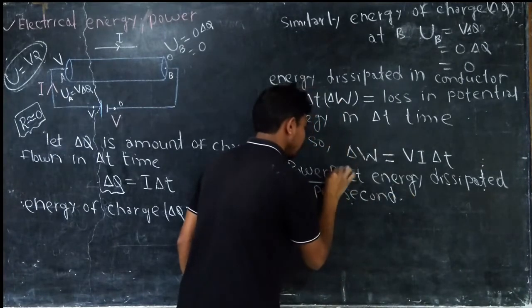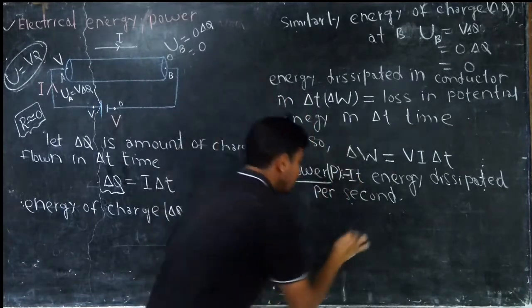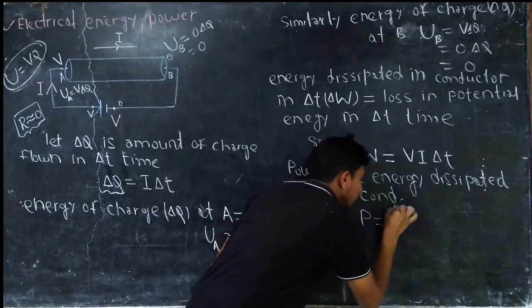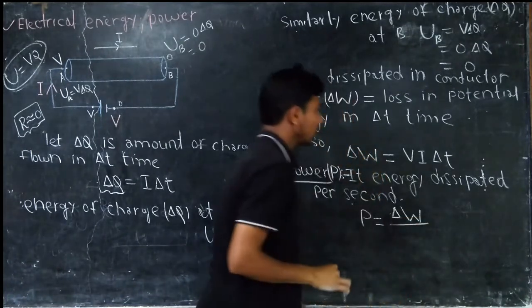Suppose we represent power with P. So P is equal to energy dissipated per unit time, per second.